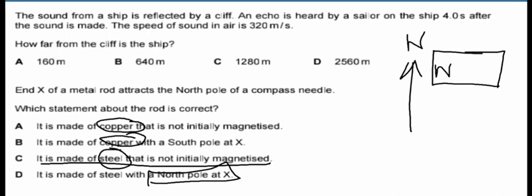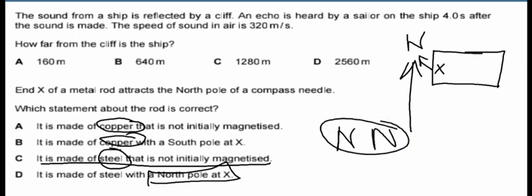But in the question they were saying, an end X of a metal rod attracts the North Pole. Meaning, this end X, let's suppose this one is our end X, is going to be attracted to this North Pole here. Like poles repel, meaning they are not going to attract.